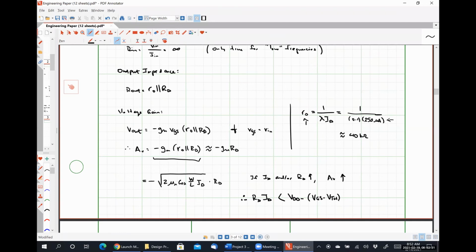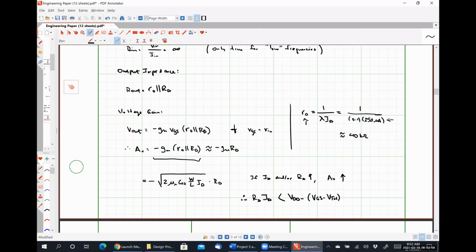So if we want to increase our voltage gain, we have to ensure that our drain current goes down so that we never exceed this constraint, which will cause us to go into the triode region. So we have a trade-off between the voltage gain of the system and what's called the headroom.